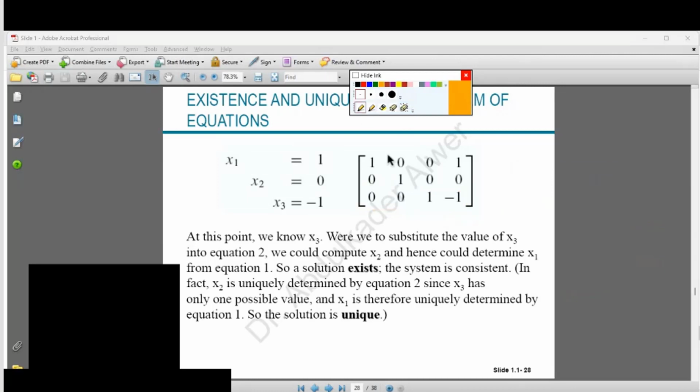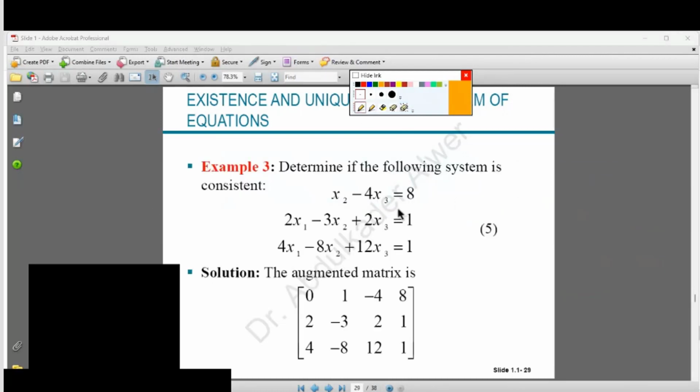We have many solutions. This example determines the following system. See, here we started with 0. This is strong. If we start with 0 again, what do we have to change? Change R1 with R2.